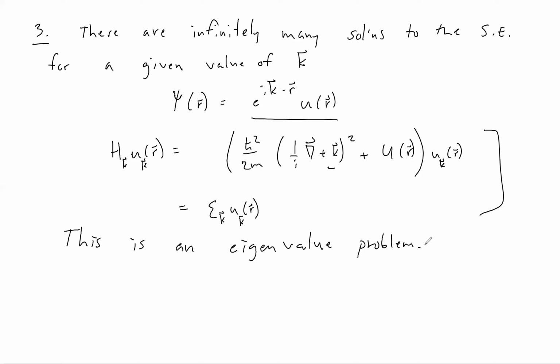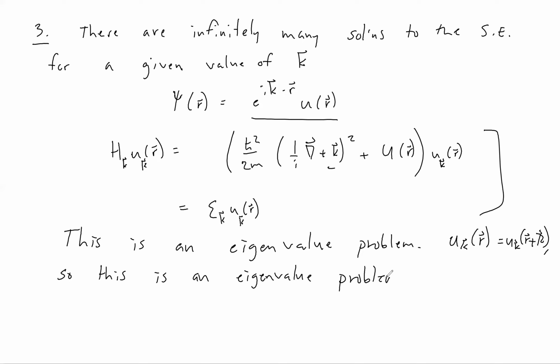We can also observe that u is periodic in the Bravais lattice. So this is an eigenvalue problem in a fixed volume. If you like, you can think back to the particle in a box.